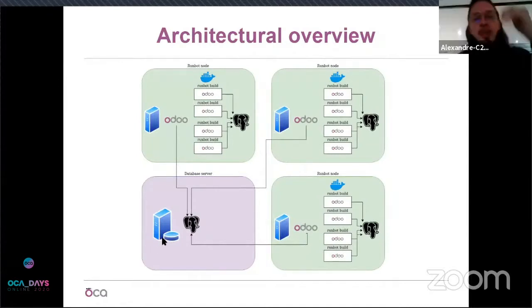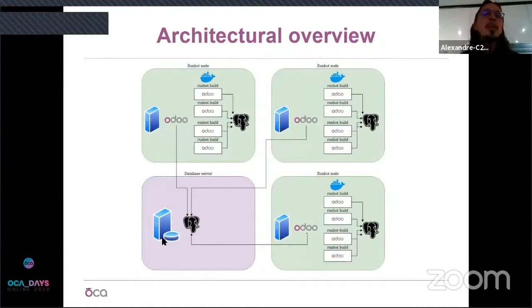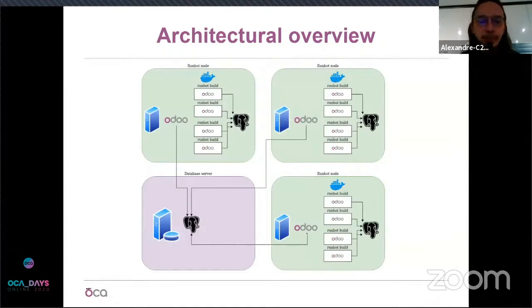The Runbot is made to work with several Odoo servers connected to the same PostgreSQL database. So we have a database server which runs the main Odoo instance database, which we'll be calling RunbotDB later on.